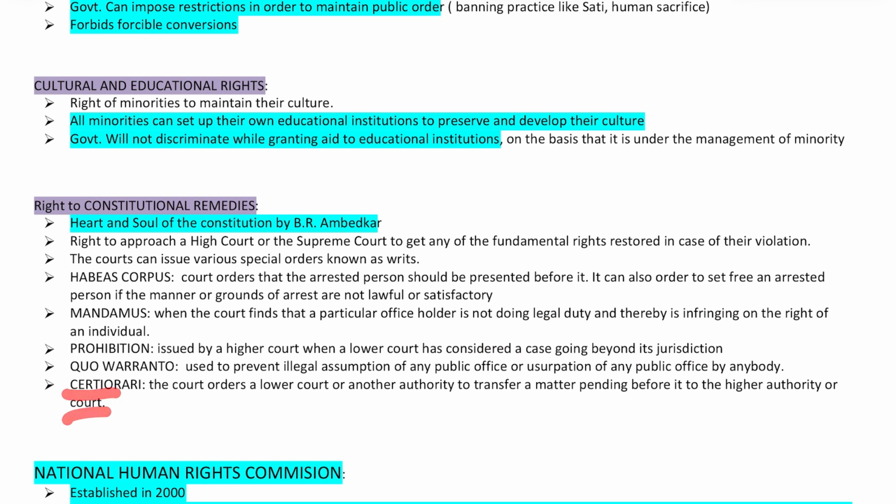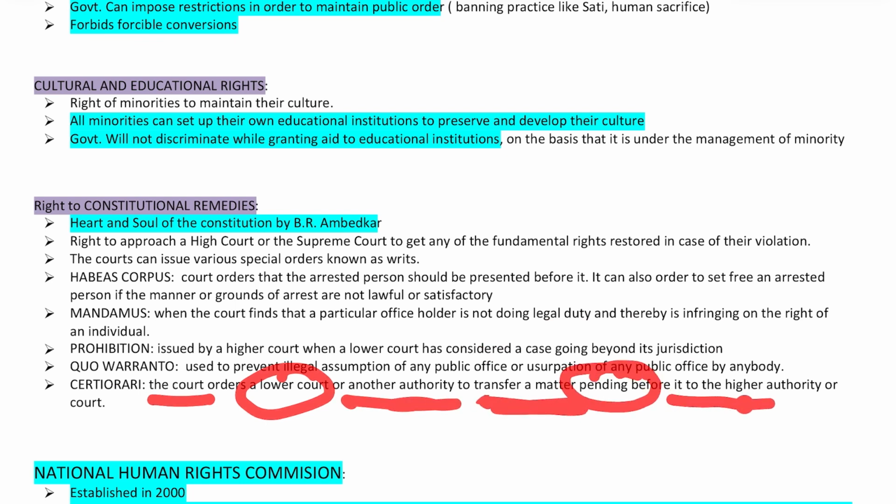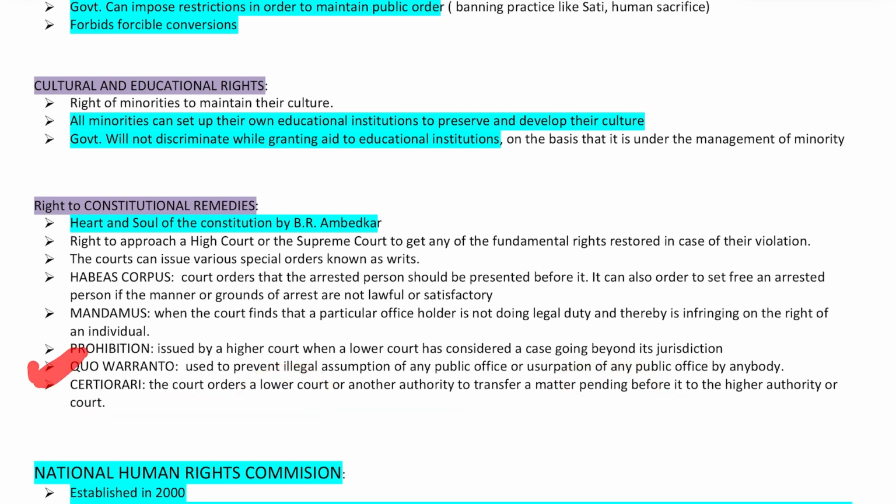Certiorari is that the court orders a lower court or any other authority to transfer a matter pending before it to the higher court. Then quo warranto, it basically means by what warrant or by what authority. It is used to prevent illegal assumption or usurpation of any public office by anybody.